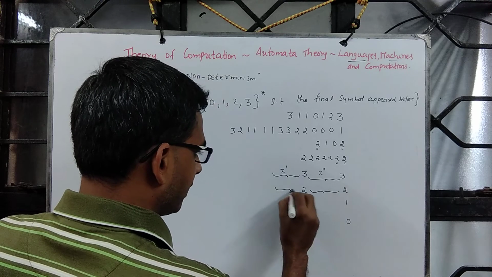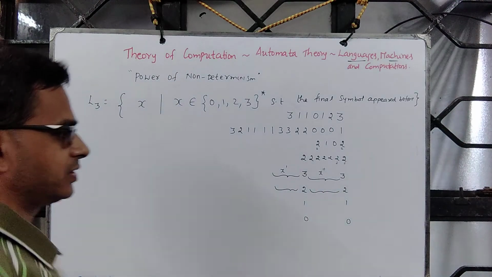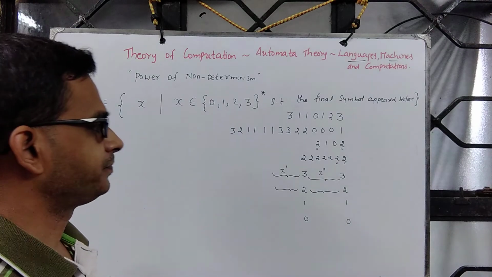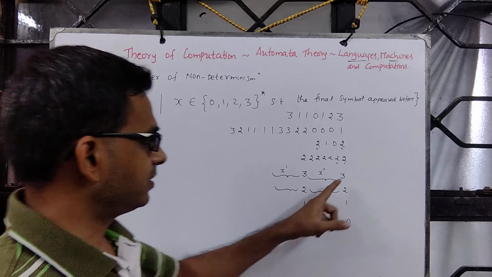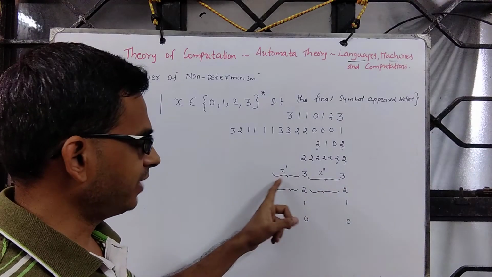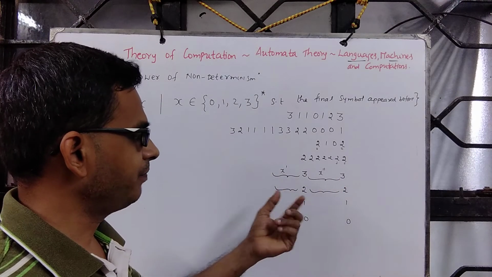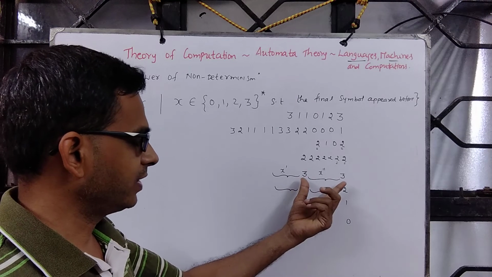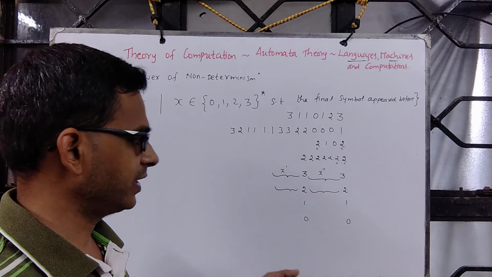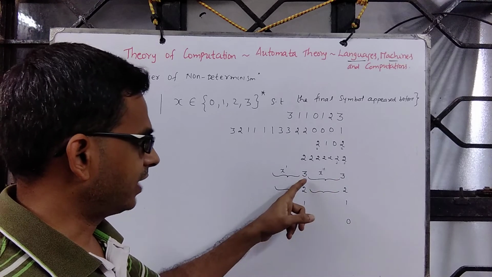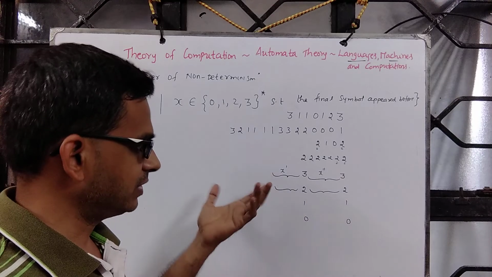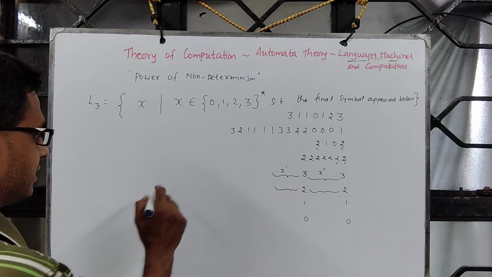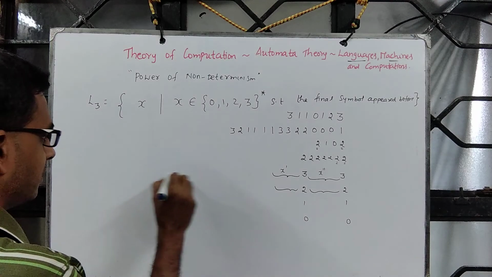So between these two and before this 2, it could be any string over this alphabet. It only says this digit must have appeared somewhere. It is not telling you the position, and it is not telling you the number of symbols that is separating these two. Should there be any constraint? No. And can this digit appear more than once? Answer is yes.